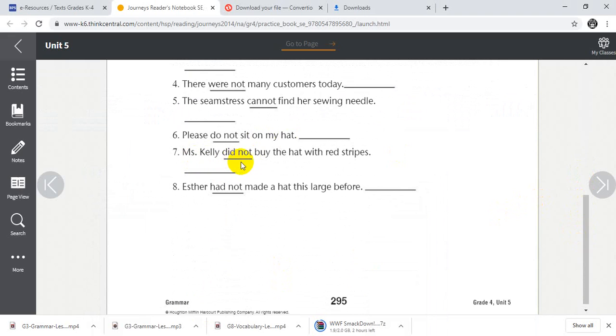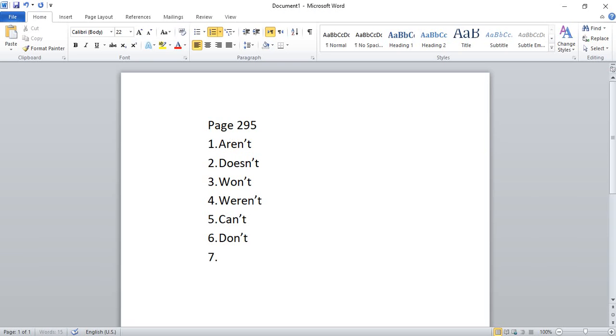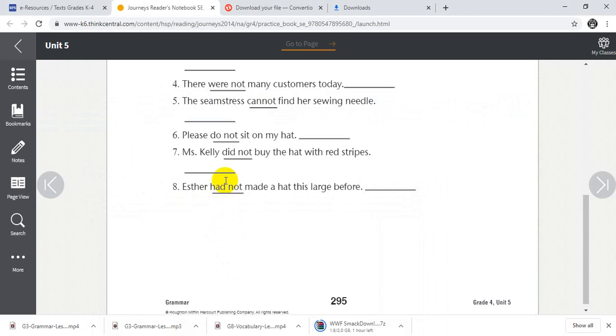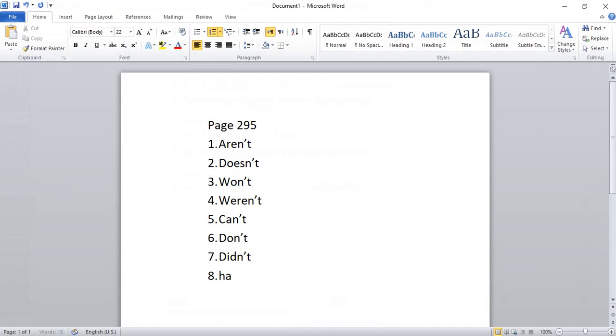So Miss Kelly did not buy the hat with red stripes. Did not will become didn't. Excellent. Alrighty, number 8. Esther had not made a hat this large before. Had not will become hadn't. Great job.